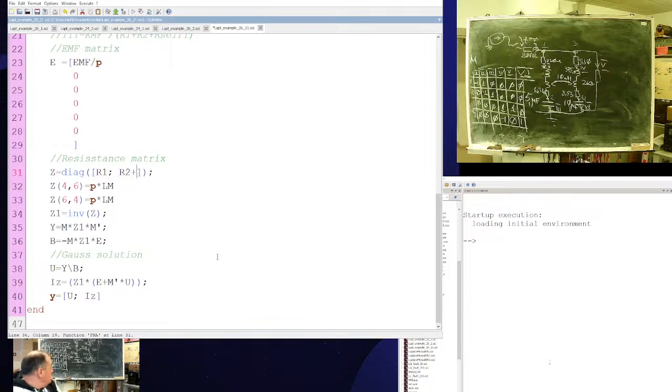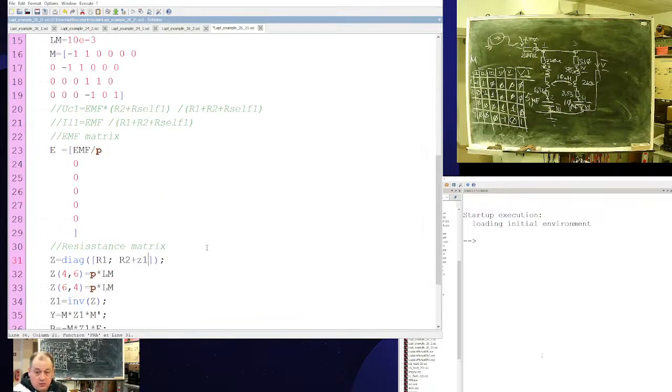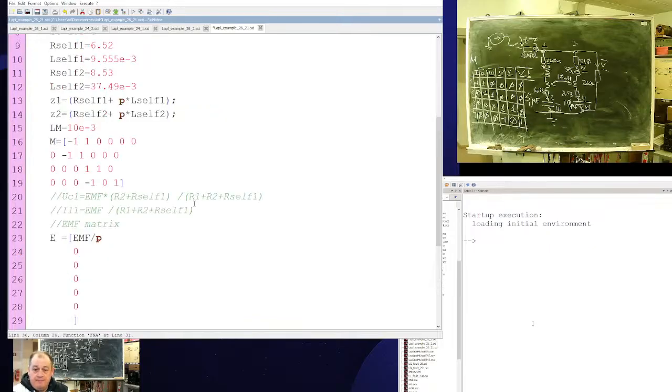plus own parameters of my inductance. For branch 3 it's a capacitor, 1 divided by complex frequency multiplied by C3.